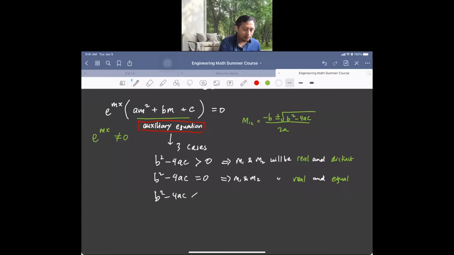And if we have less than 0, then we will have complex roots, and these will be conjugate complex. Conjugate means we have maybe 4 plus 2i, like that. This is going to be called conjugate.